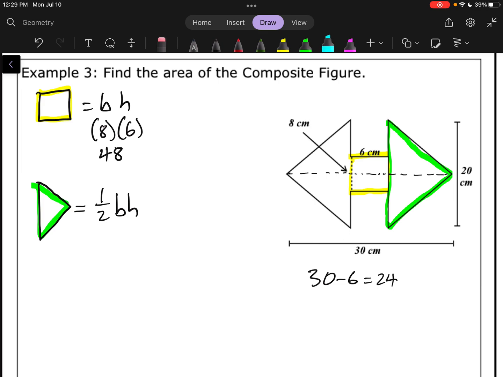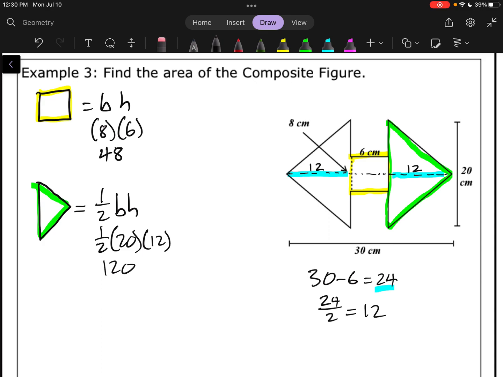So this 24 here would be this part and this part, right? Because I've taken away the 6 in the middle. So then if I do 24 divided by 2, I'll get 12. So the height of our triangle is going to be that 12. So I'm going to do 1/2 times 20 times 12, which should be 120. Now I should be able to do the exact same thing for the other triangle.